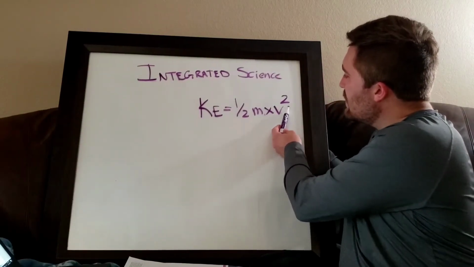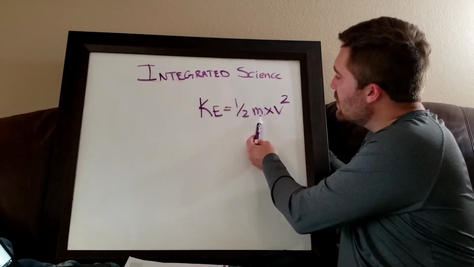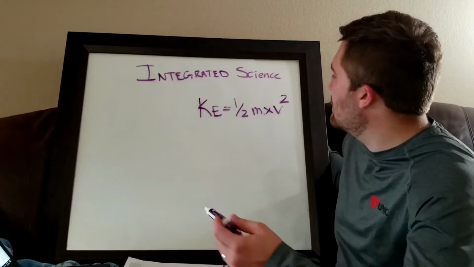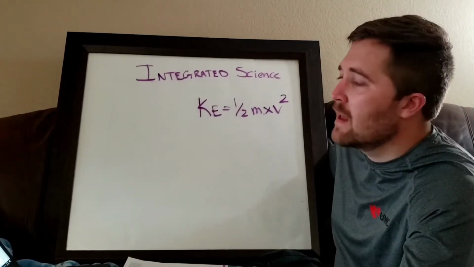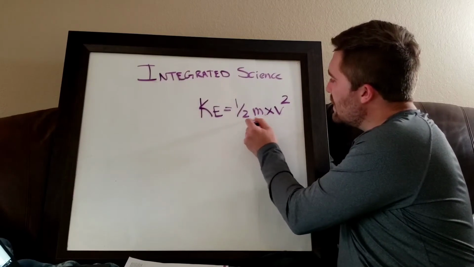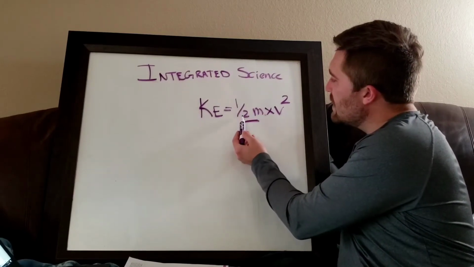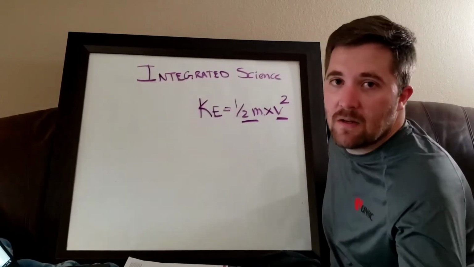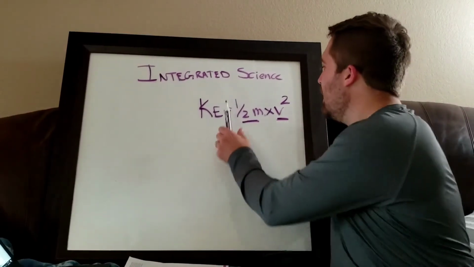I would square the velocity and then multiply the 2,000 times 1/2, which would be 1,000, basically. It's like just divided by 2. Then you multiply those two together and you got your kinetic energy. That easy. All right?